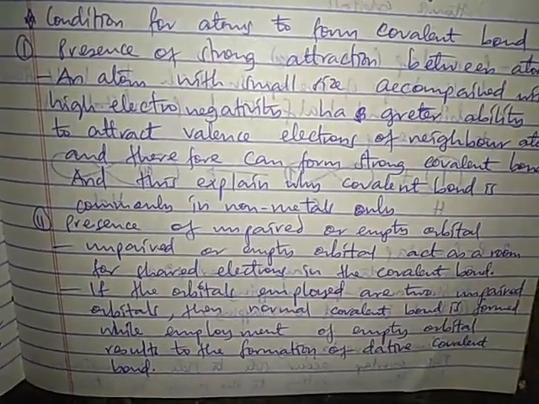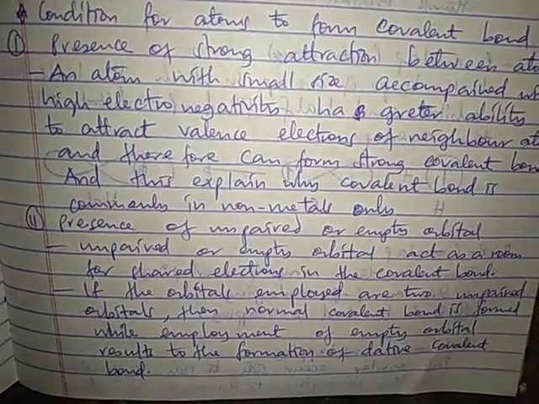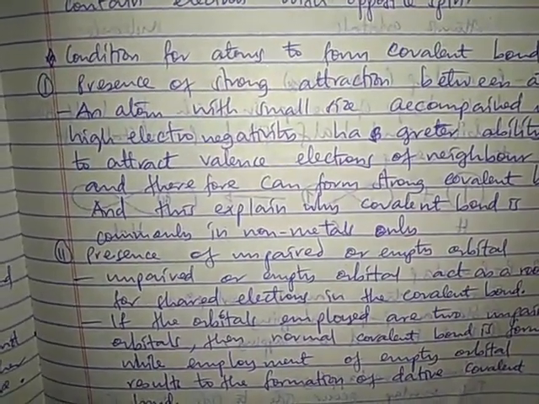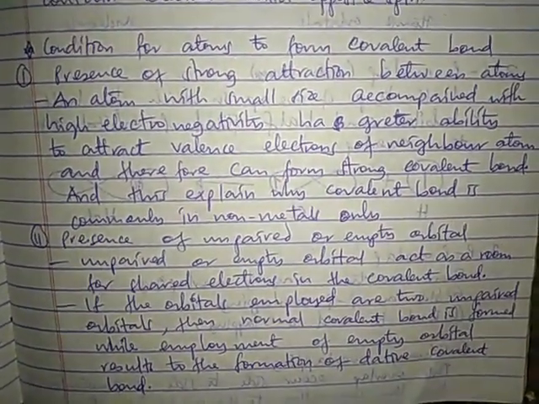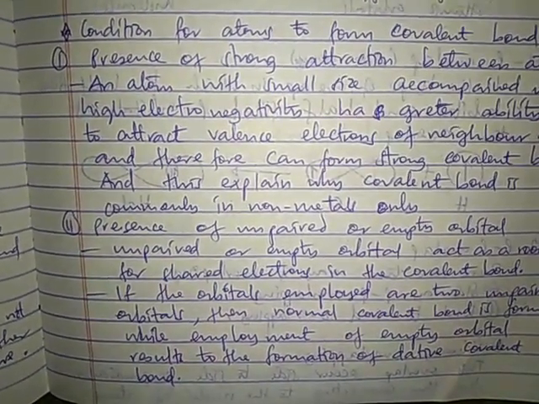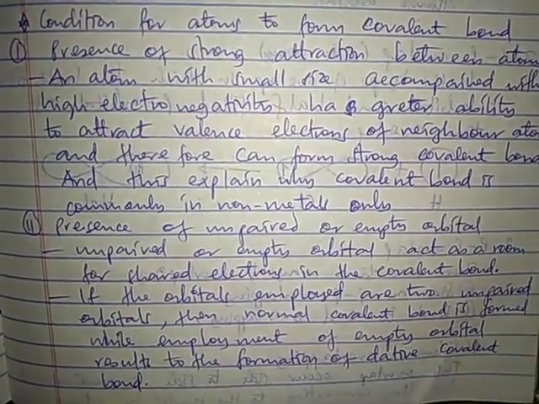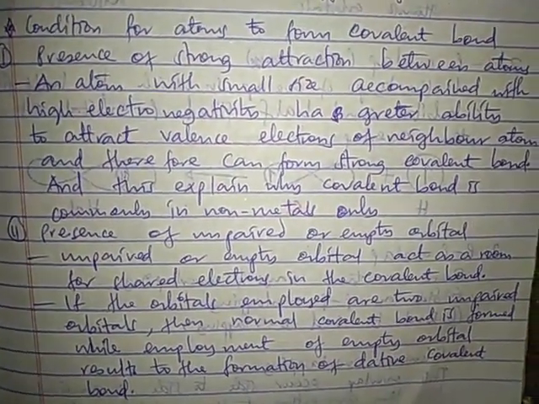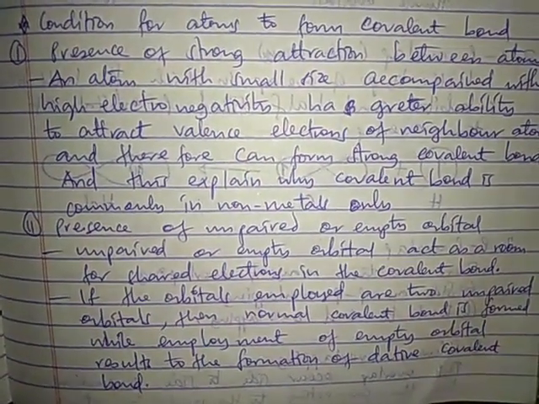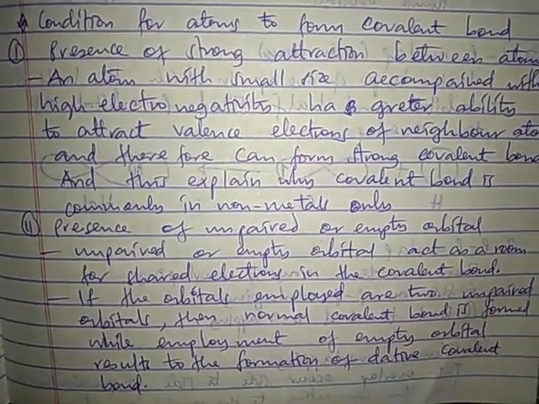Now the second condition. The first condition was strong attraction. The second condition is the presence of unpaired or empty orbitals. As we said before, in order for hybridization to occur, in order for overlap to occur, we should have unpaired orbitals. But empty orbitals are a condition for formation of dative covalent bond. If you were with me in the previous lecture, I am sure you understand about the dative covalent bond.